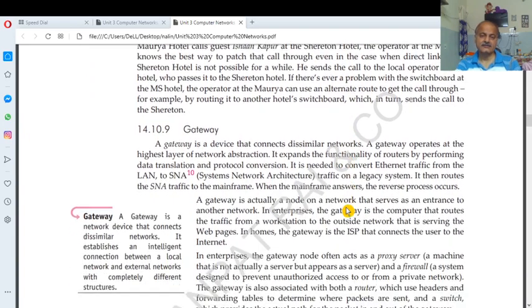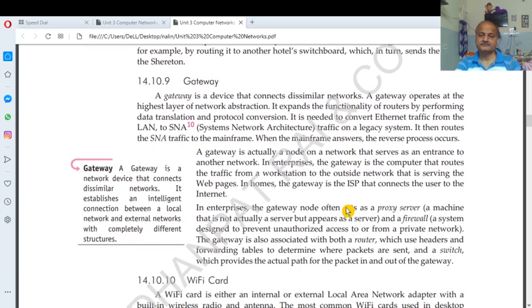After that, the gateway. This is a network terminology, the gateway. A gateway is a device that connects dissimilar networks. What is the meaning of dissimilar and similar? Two networks are called similar if and only if they are following the same protocol.